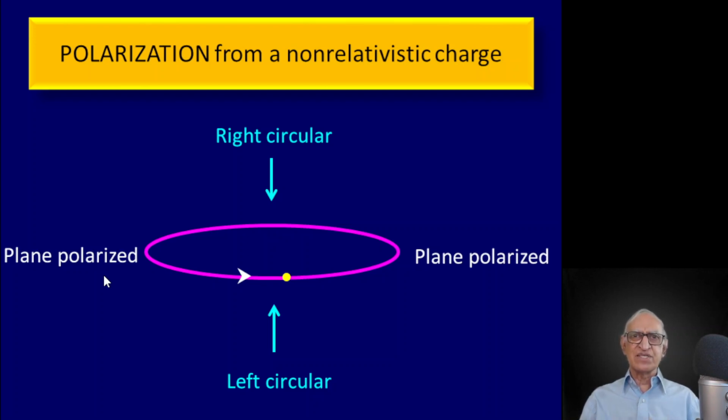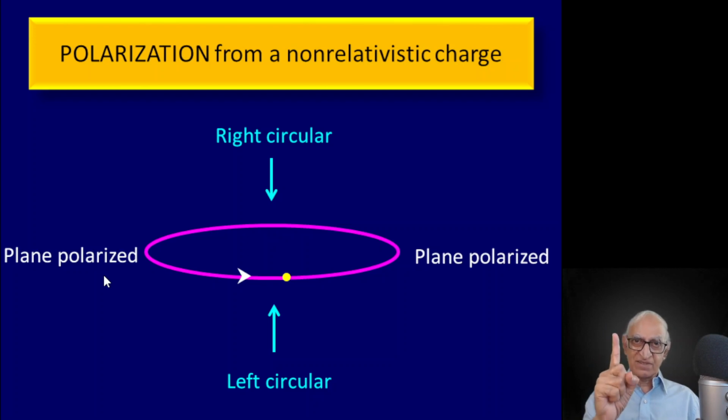What do we mean by right circular, left circular, linear polarization? Please remember, there is no such thing as unpolarized radiation at any instant of time. Perpendicular to the direction of propagation, if you look at the transverse plane, there is an oscillating electric field, and perpendicular to that, there is an oscillating magnetic field. Now, the question is, that electric field vector, what does it do over a period?